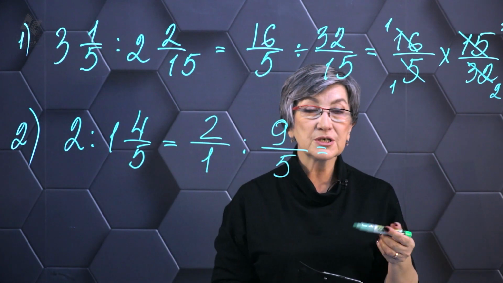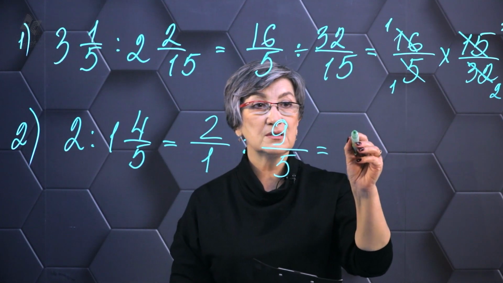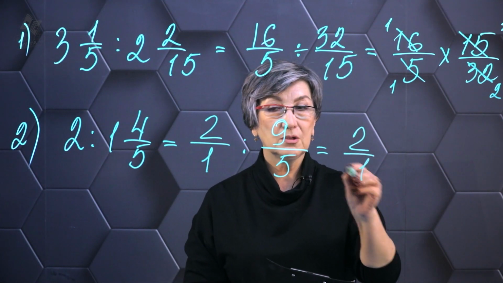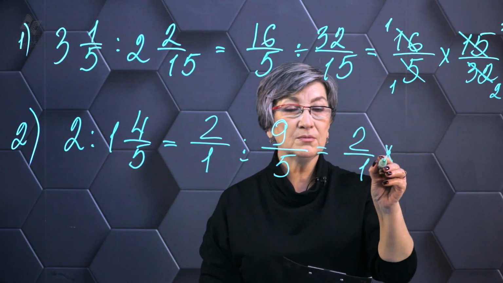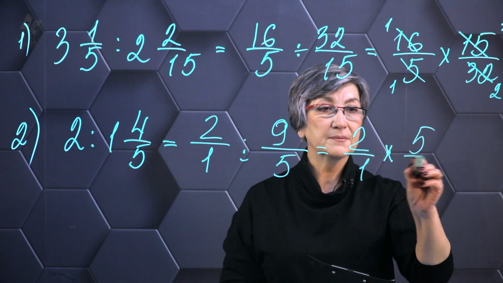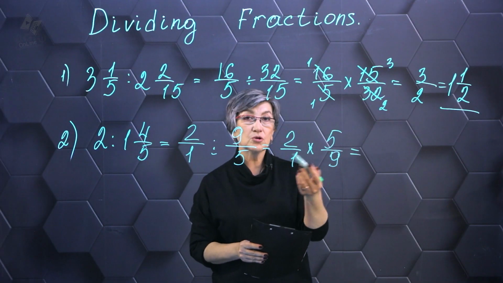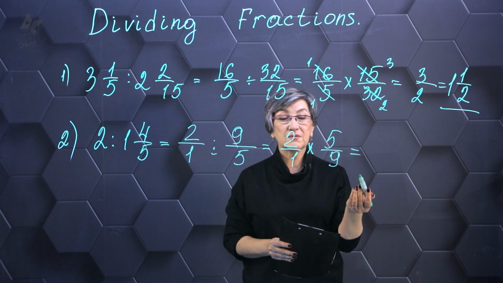And now I'm going to apply the rule of division. First I wrote it down as fractional numbers, and now the rule of division. I leave the first one the same way. So I write the first 2/1. The second step, I change the sign. This fraction I flip, 5/9. And now all I have to do is multiply the 2 fractions. The first 2 multiplied by 5/9.